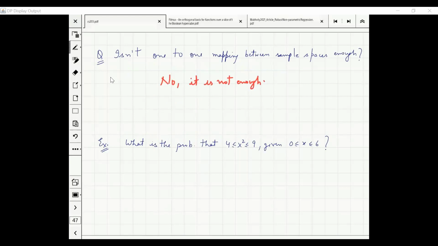Let me give you an example where this might be a problem. What is the probability that x square is between 4 and 9, given that x is between 0 and 6? What do you think is the answer?